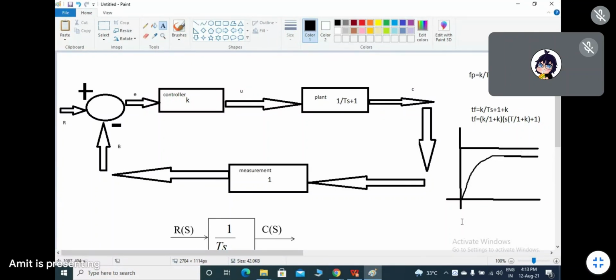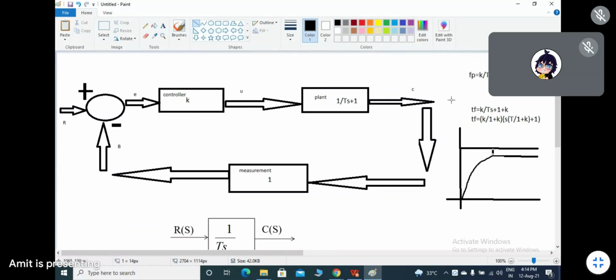So whenever you give a step response, this transfer function will never reach 1. It will reach near to 1 but not 1. This range is known as your offset.